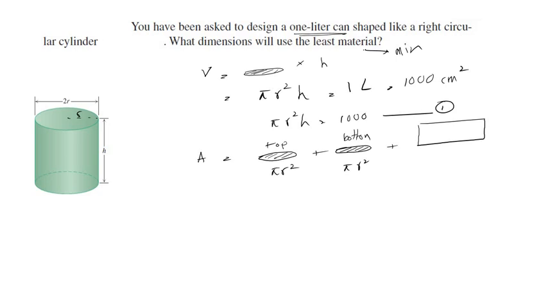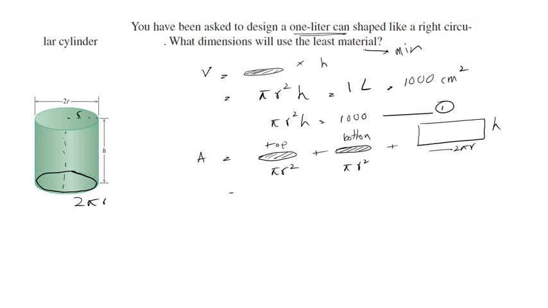That's the area of a circle, and this is the circumference. If we take this and cut it open, the circumference of this circle would be 2 pi r, and the height would be h. So that's the area.